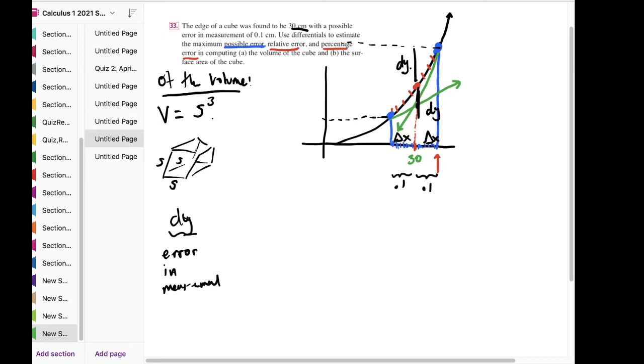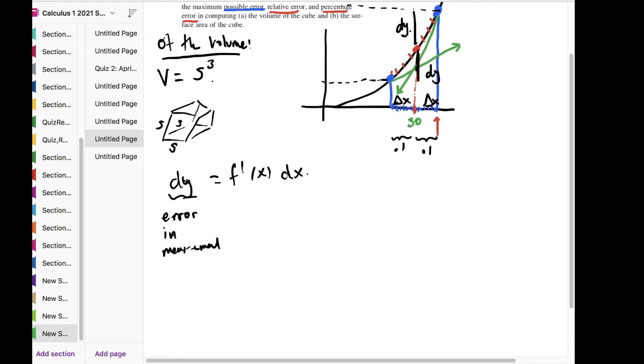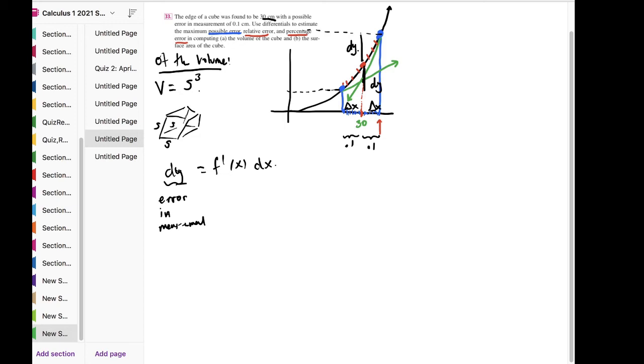So it's just f prime of x times delta x. Our function here is the volume function s cubed. So our dv, which we care about, is what's v prime of s cubed? Just 3s squared, and then ds.